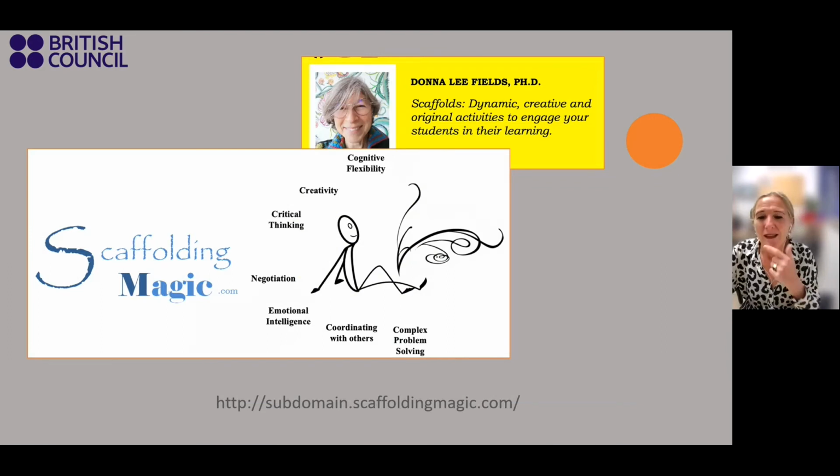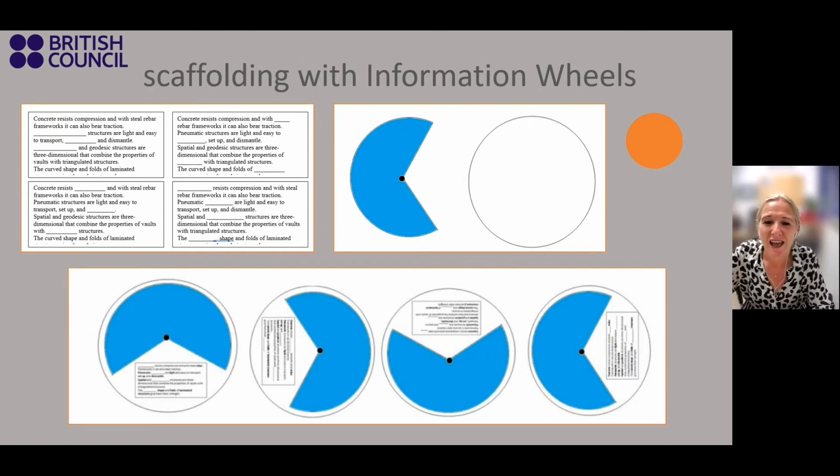So here's a writer, Donald Lee Fields, who has written various books of material about scaffolding, and she also has this web page, and I want to show you a couple of little activities that she's suggested for secondary science classes. For example, using an information wheel.